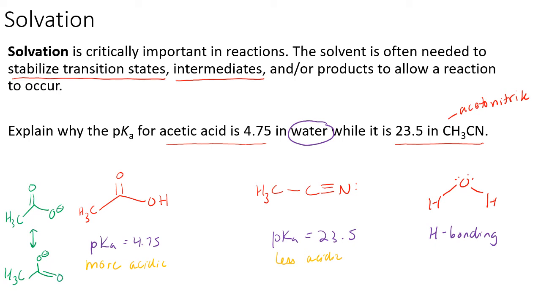But what we can have with water there is we can have hydrogen bonds that form. We have on the acetic acid molecule an OH bond. And for hydrogen bonding to happen, we have to have hydrogen specifically bonded to oxygen, nitrogen, or fluorine. Water also can form some hydrogen bonds as well.